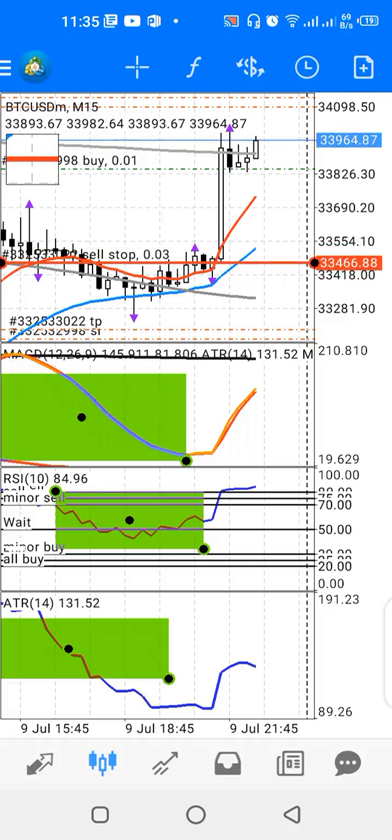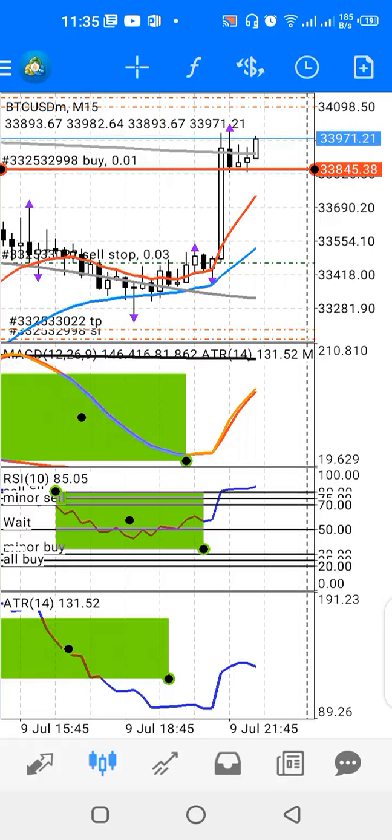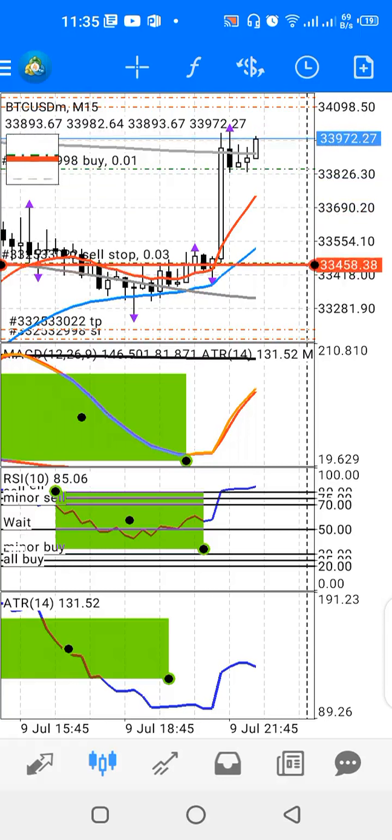Then the next will be 0.16. 0.16 plus 0.02 is 0.18, which is 3 times 0.06.